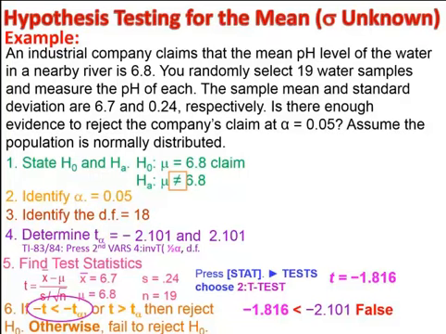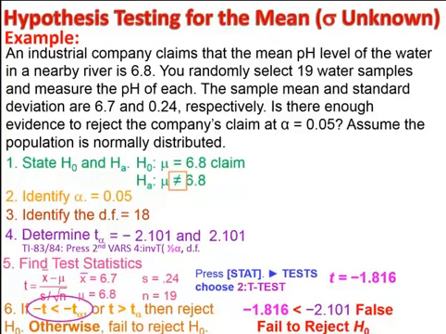So when I do this, I see a negative 1.816 is not less than a negative 2.101. So that's false. It's a false statement, which means I fail to reject the null hypothesis. I fail to reject it because it's a false statement.